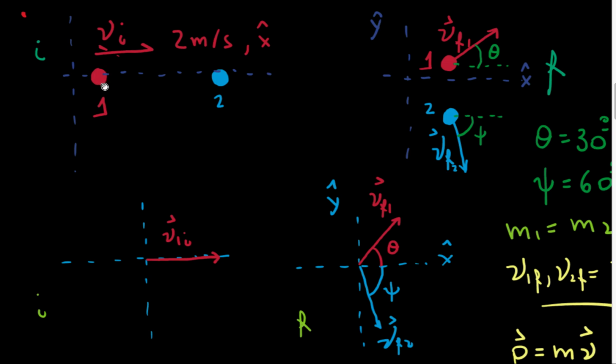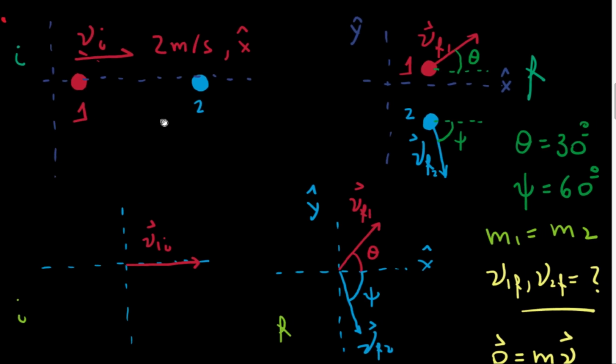Initially, you have all of the momentum in object 1. Object 2 has no momentum. Now, momentum, if you remember, is an amount of motion. That motion has a magnitude and a direction. And that direction is only in the x, meaning the amount of motion total of both of those objects is only in the x direction.